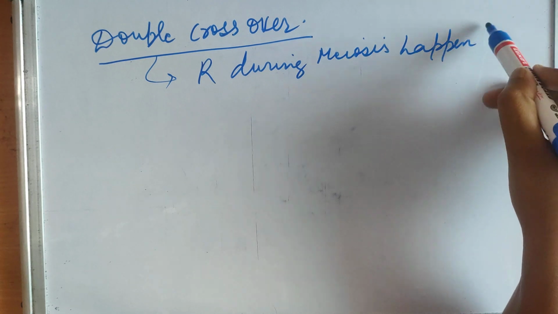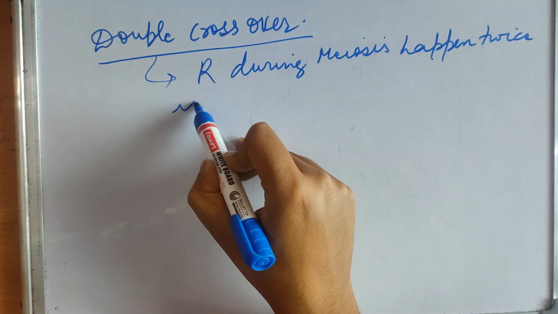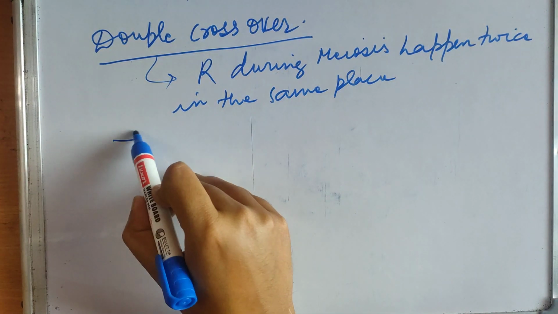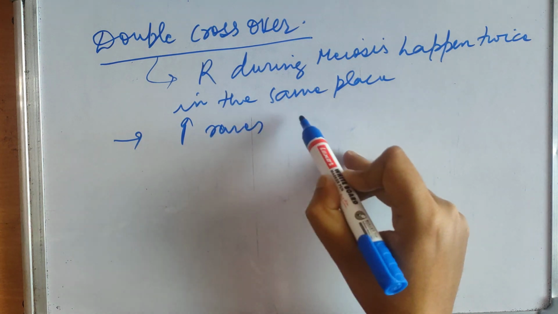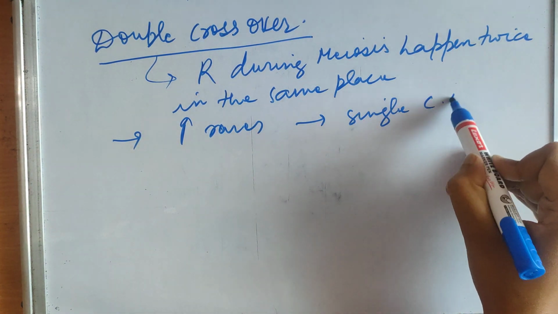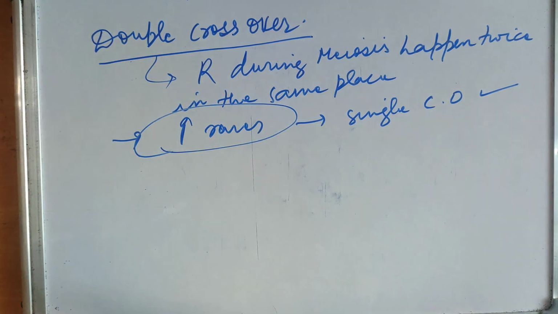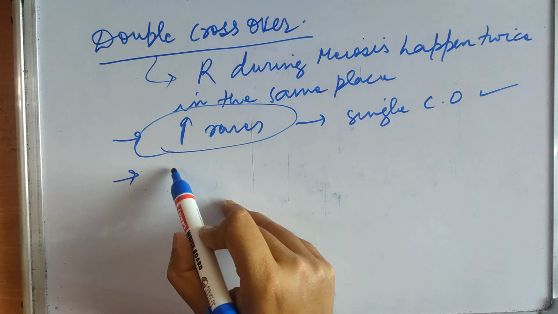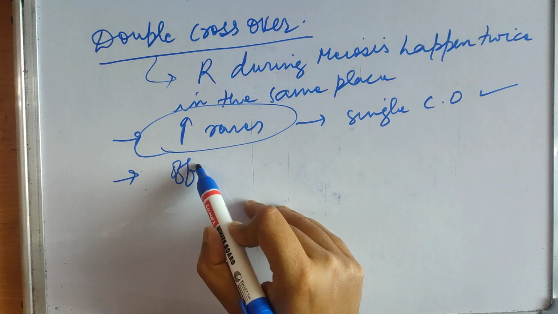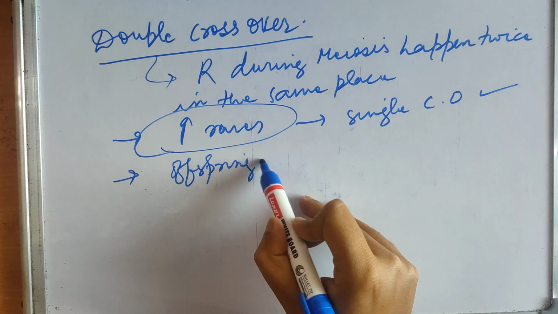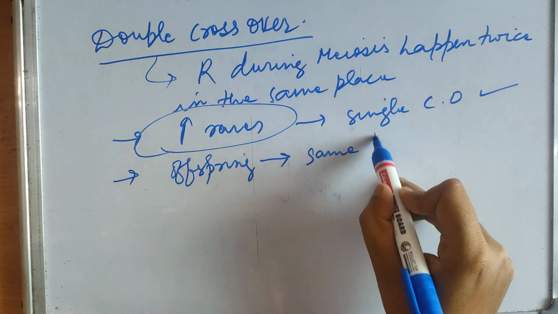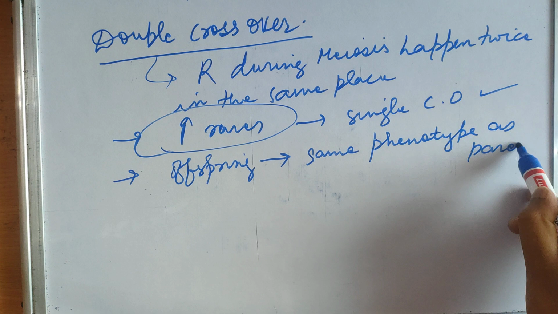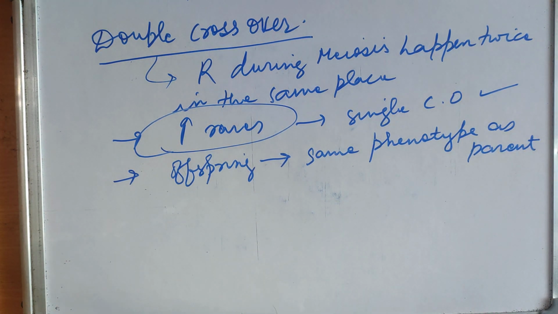It is very much rarer than single crossover. Single crossover is more common than double crossover. And the offsprings produced from double crossover should have the same phenotype as the parent.